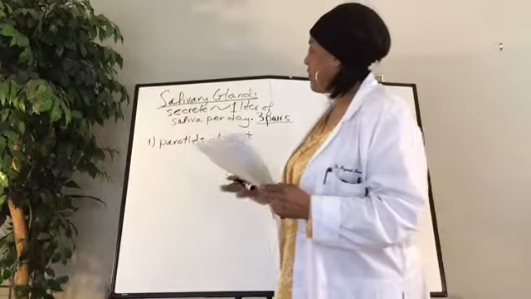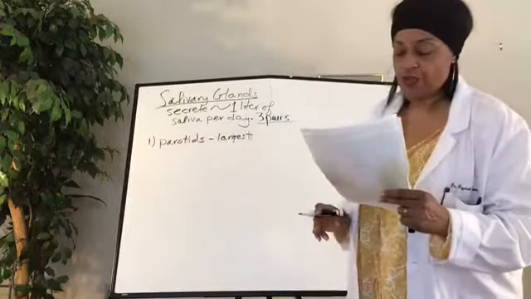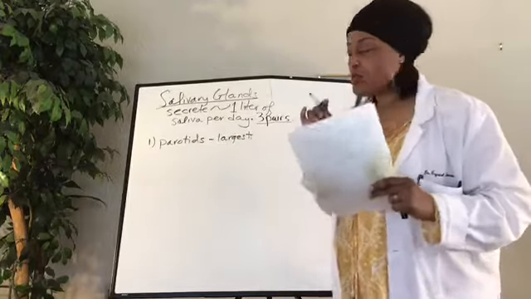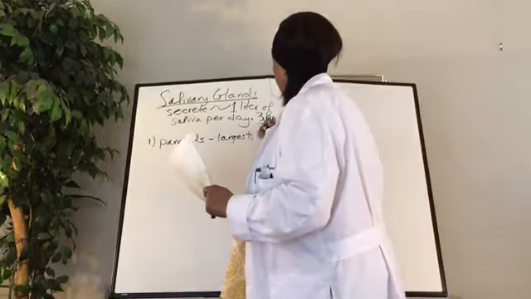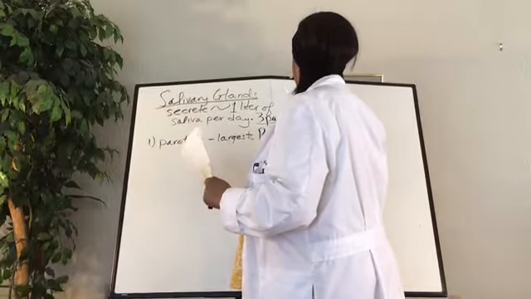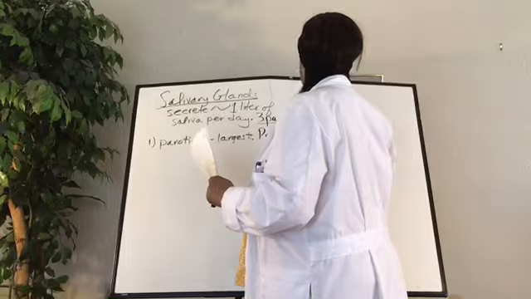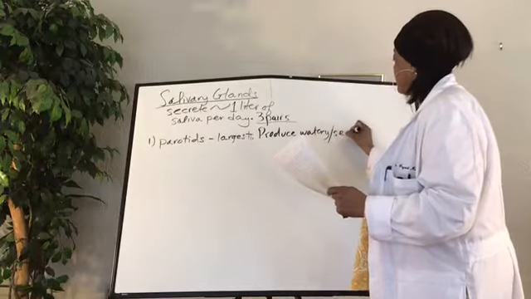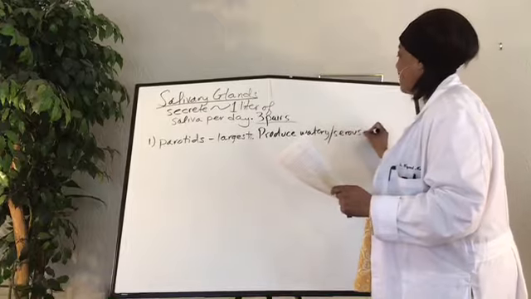But let's talk about the parotids. These are the largest of the paired salivary glands, and they produce a watery, kind of serous saliva. So that's a watery saliva.